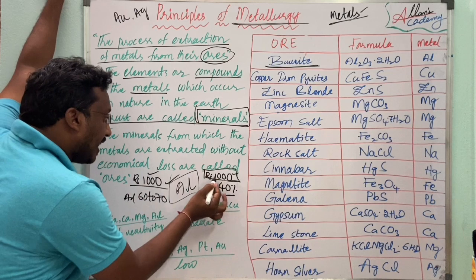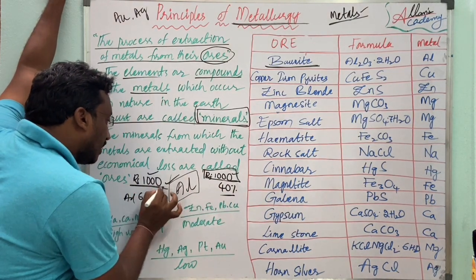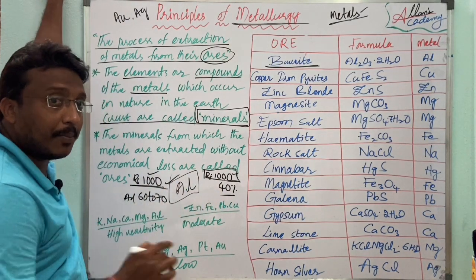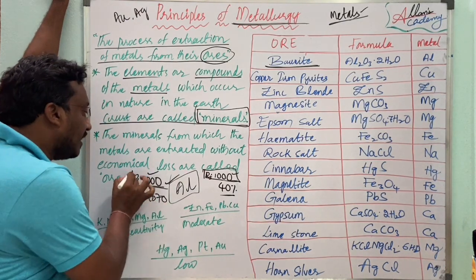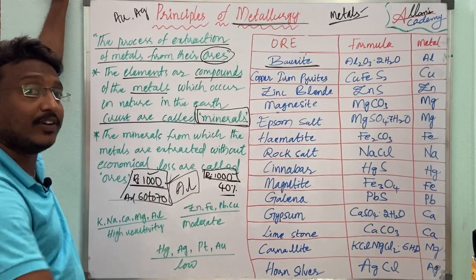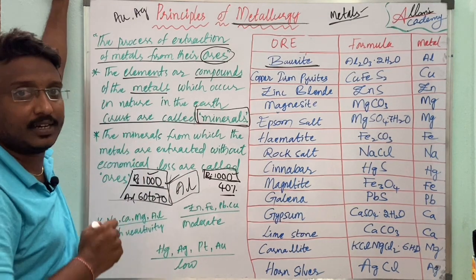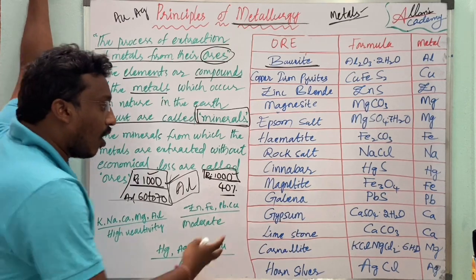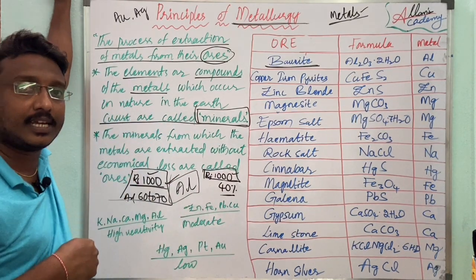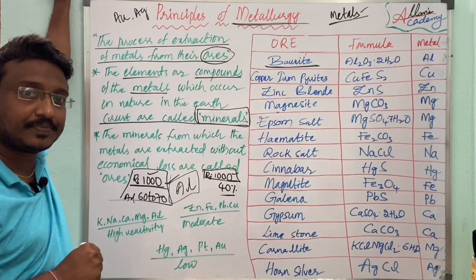In both cases I spent 1,000, but in which case is it profitable? Is getting 70% profitable, or is getting 40% of aluminum profitable?